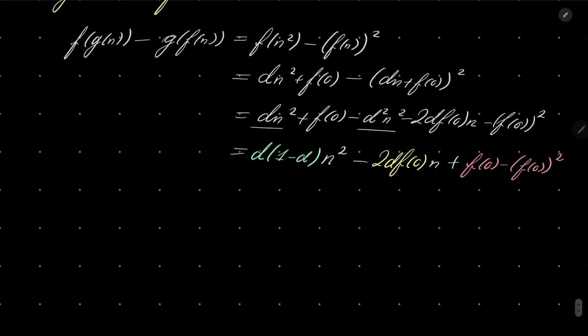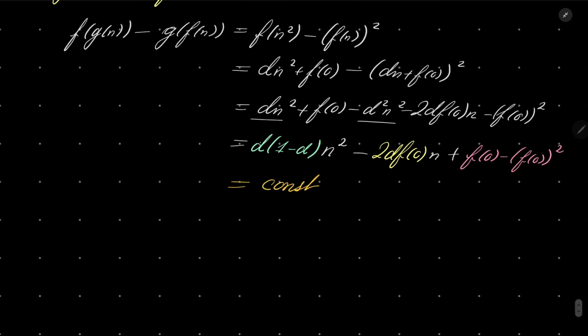Alright, and remember that this whole expression should be a constant as well, should not depend on n. But here we have a quadratic polynomial, which should be constant. So the only possibility is that every coefficient standing with n must be 0. So we must have the following: d times 1 minus d equals 0, and we also must have d f of 0 equals 0.